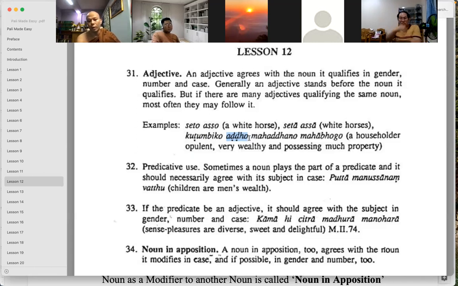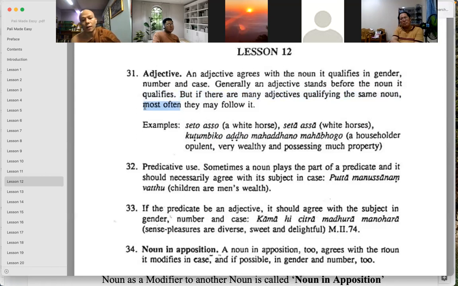Aḍḍho, opulent; mahaddhano, very wealthy; mahābhogo, possessing property. They are synonymous, three adjectives together. So at that time, gahapati aḍḍho mahaddhano mahābhogo. But not all the time, you see, most often, mostly.